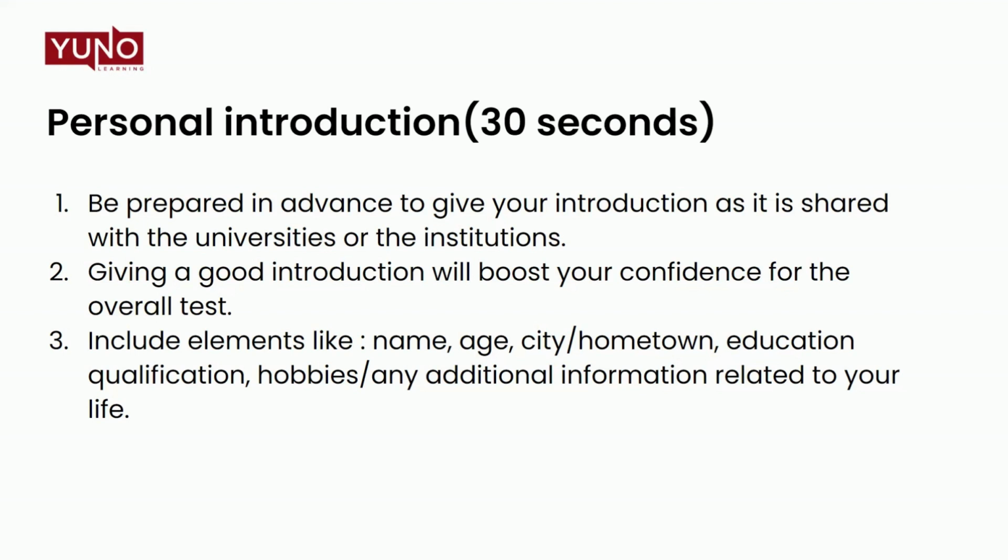So understand what is to be included in this personal introduction and practice it beforehand so that there's good modulation, good fluency, and good expression in your voice. What should you include in it? Include your name, your age, your city, your hometown, where you're from, your education qualification, your hobbies, your interests, and any other additional information related to your life that you feel is important.